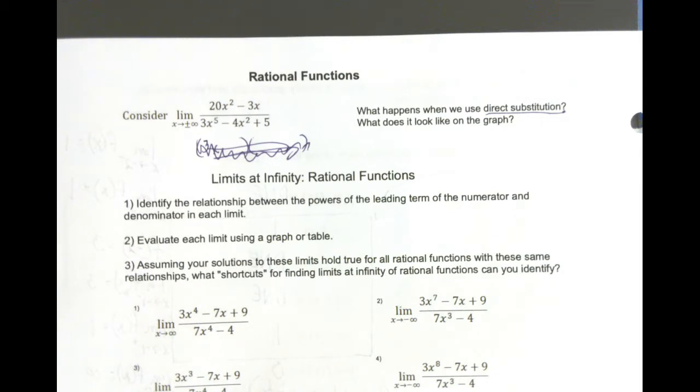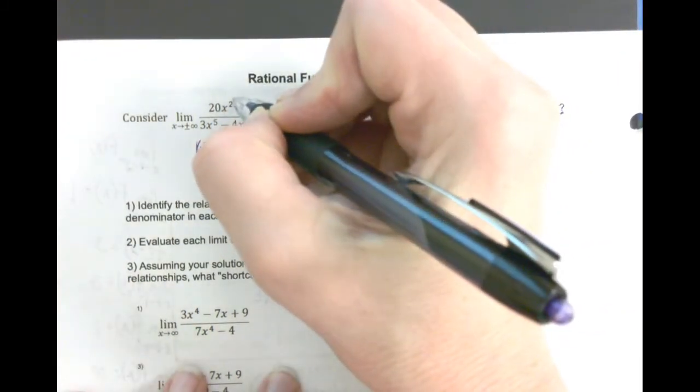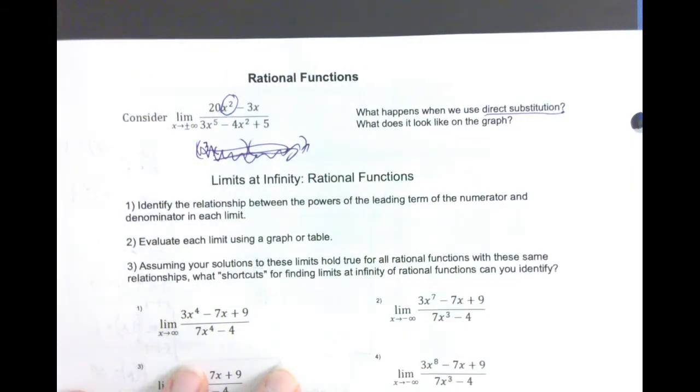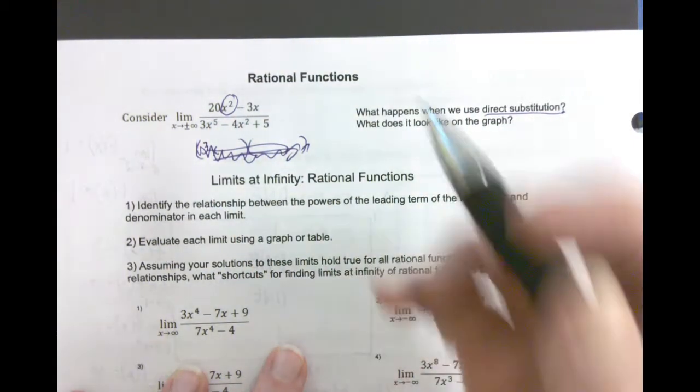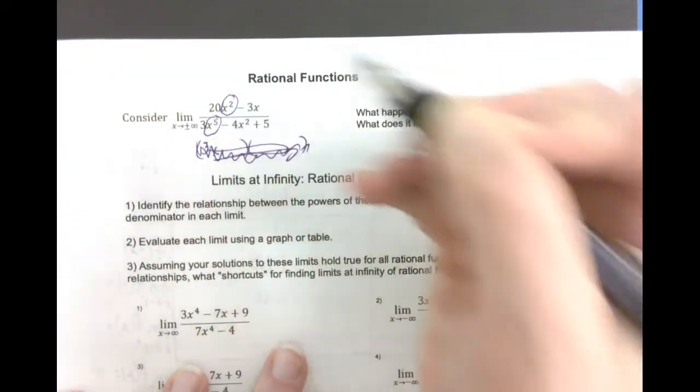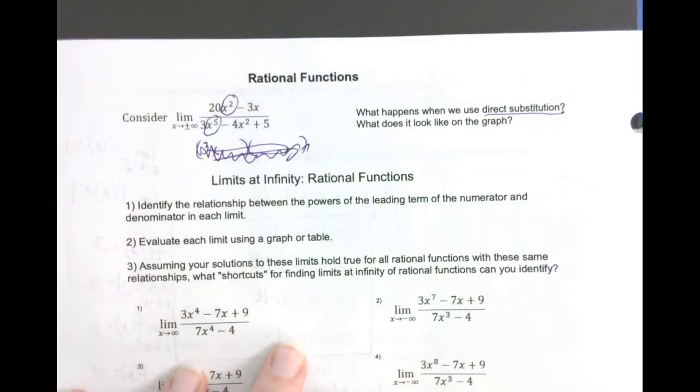Yep. Yes. Can you just use the rules for the degree? We are going to use the rules, and we're going to go back through those rules at the bottom of our page here. But in general, the degree of the top is smaller than the degree of the bottom. Do y'all remember what that is?